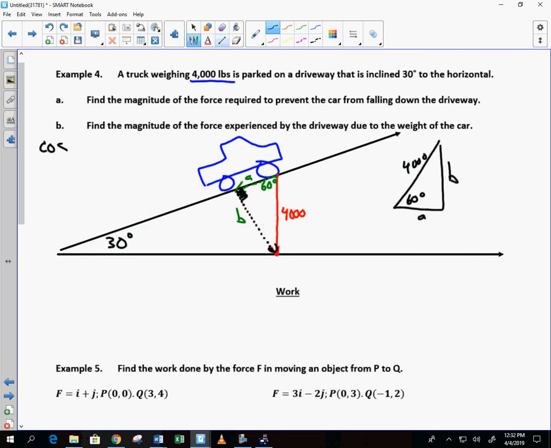The cosine of 60 degrees is equal to A over 4,000. How do I solve for A? Yeah, 4,000 times the cosine of 60 degrees is equal to A.